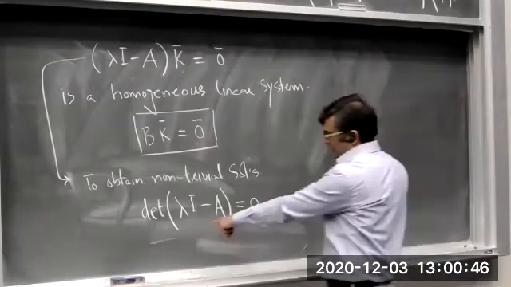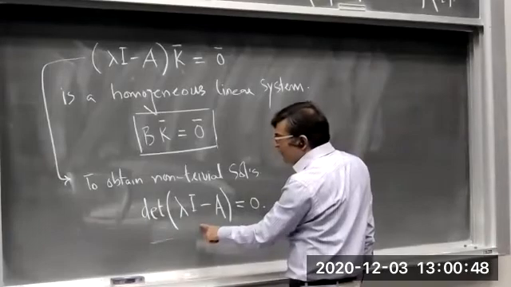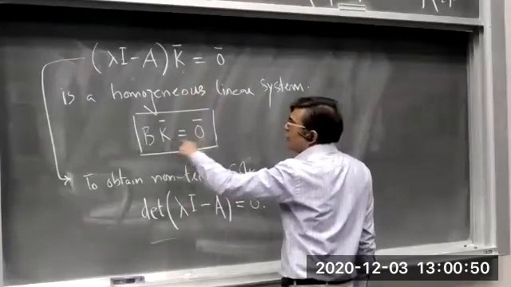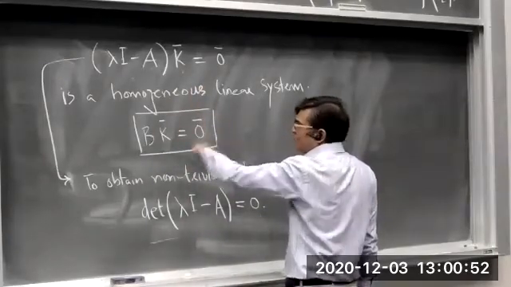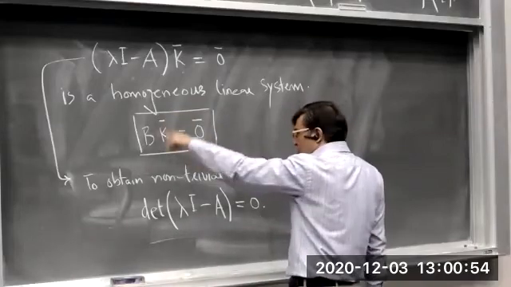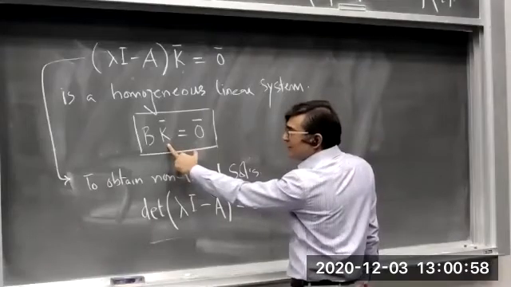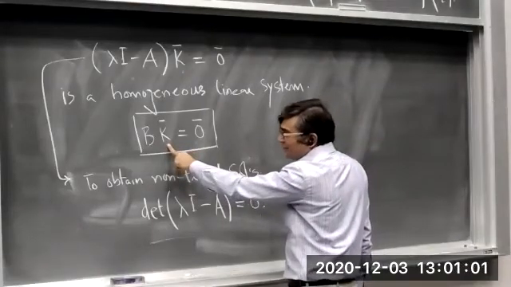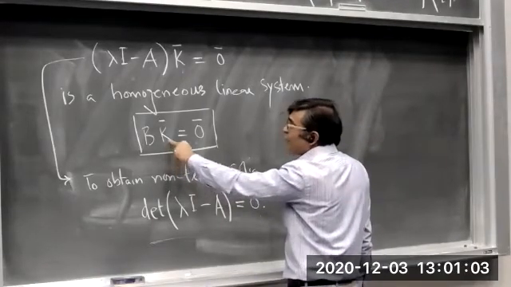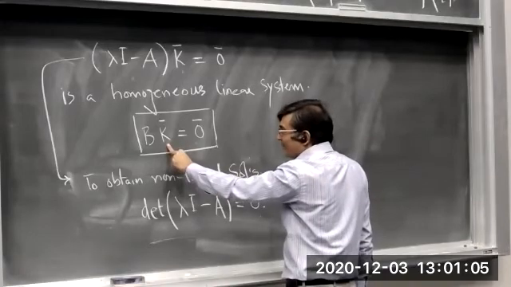If this is true, then we can find the non-trivial solutions of this homogeneous linear system. And the non-trivial solutions of this homogeneous linear system are what? They are k vectors. That would be a k vector.